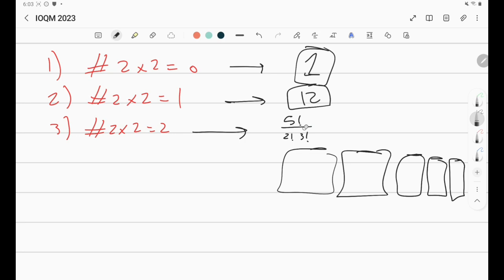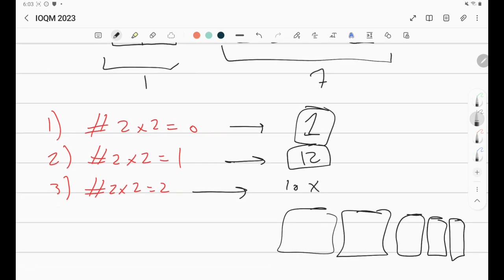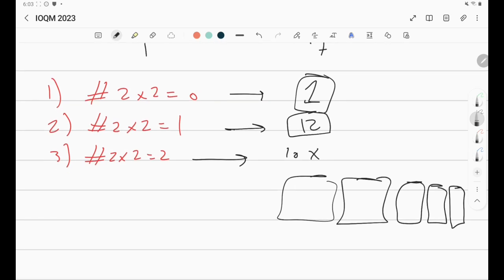So that means it's 5 times 4 over 2, so it's 10 times something, because as we said, we need to see whether we're going to use the special tile or not. So either we're going to use the special tile or not. If we don't use it, then it's just one way, so you can think about it as 1. Or if we use it, then either it's going to be the left one or the right one. So that means you can have 2 here. So we simply multiply this by 3 and get 30.